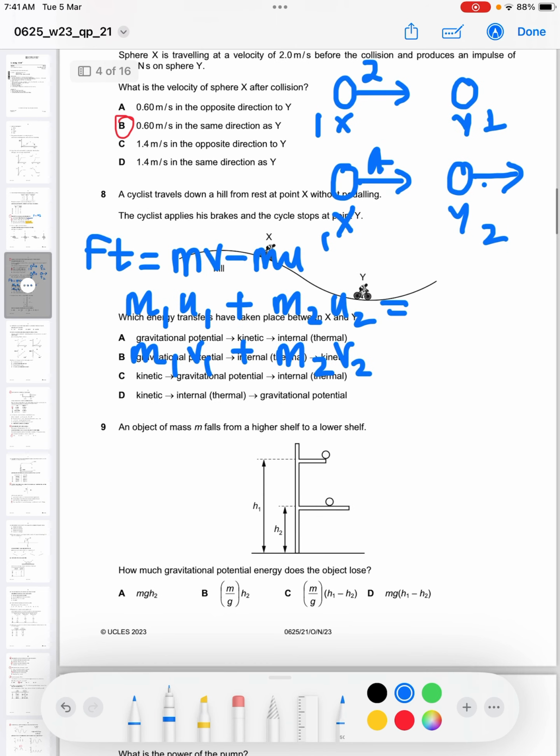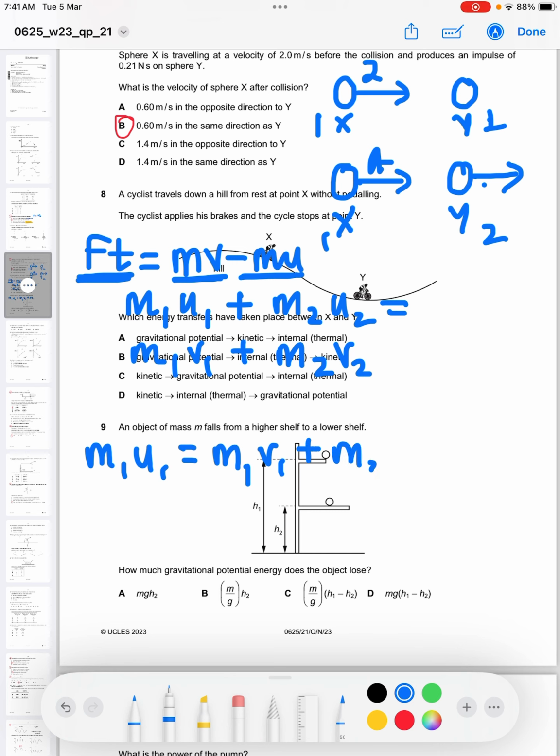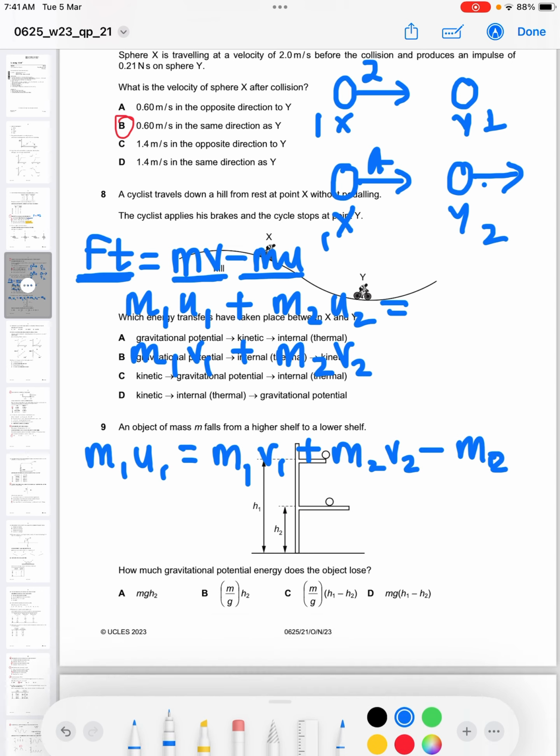Knowing this, we substitute. We are given the impulse on sphere y, in other words the change in momentum of sphere y, which is sphere 2. So we can say m1 u1 equals m1 v1 plus m2 v2 minus m2 u2.